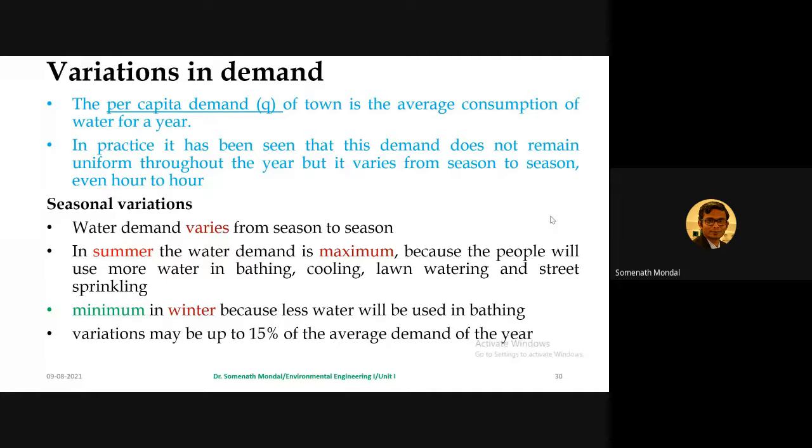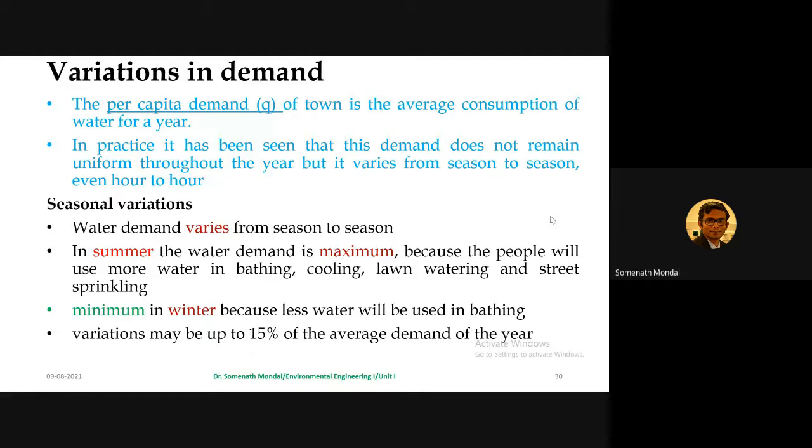So if you can remember, we calculate the overall yearly demand in terms of volume, and then we divide that by 365, and whatever we get, again we divide that by the number of people or the designed population in that particular area. So that is the way per capita demand is calculated, and that is why it can also be called the annual average daily consumption per person.